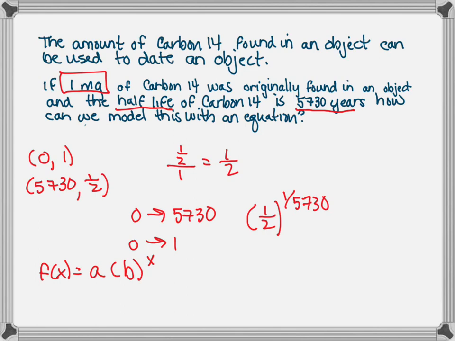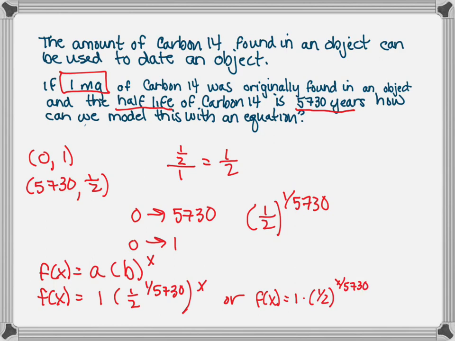So if we look back at our original equation of f of x equals a times b to the x, our starting value is 1, and our decay factor is 1 half to the 1 over 5,730th power, all raised to the x power. Or, multiplying our exponents, we could write f of x equals 1 times 1 half to the x over 5,730th power.